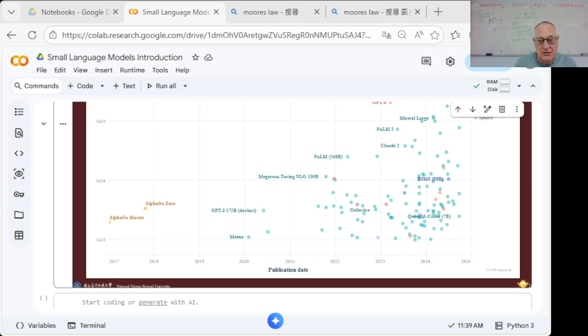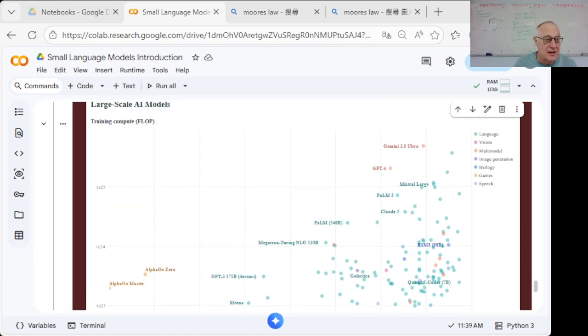The one with 23 zeros. 6 billion is 10 to the 21. So here we have 106 billion, 1,006 billions, and 10,006 billions.